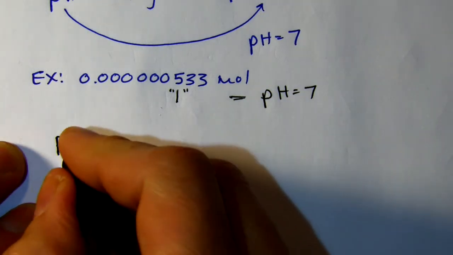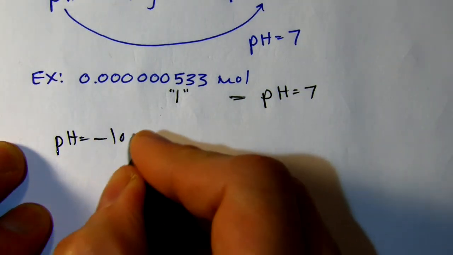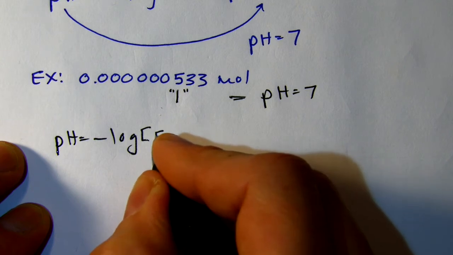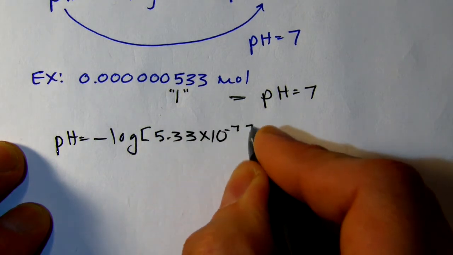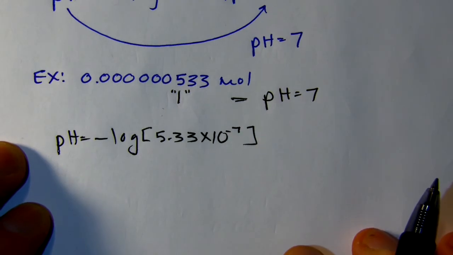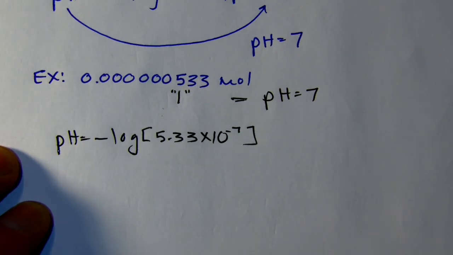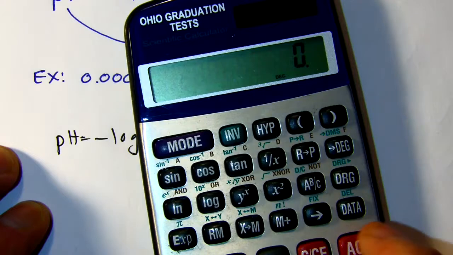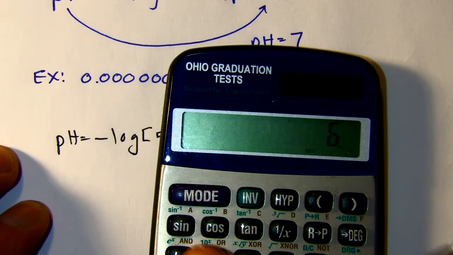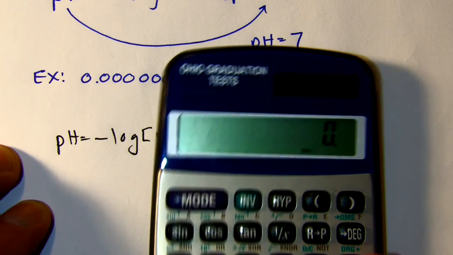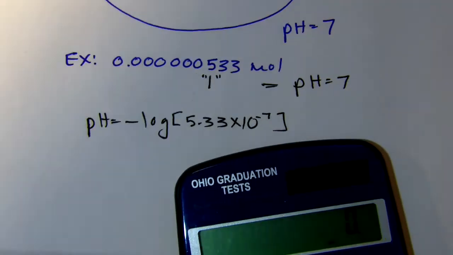pH equals the negative log of 5.33 times 10 to the negative 7. Same number, just put it in scientific notation. Get good at that, by the way. Let's try it on this calculator. You have to put the number in first.